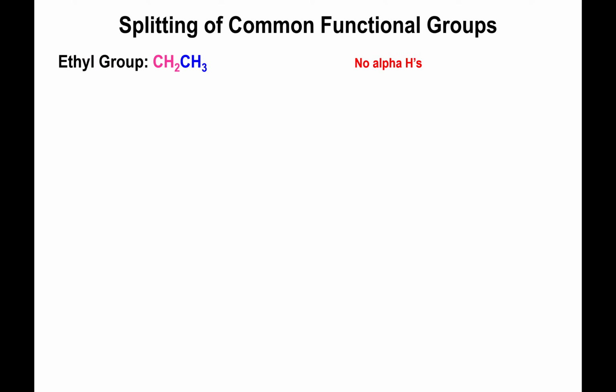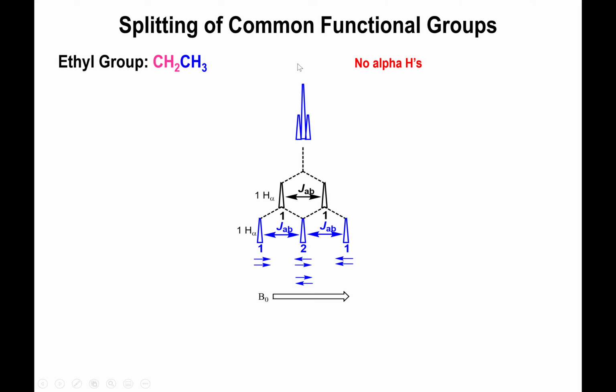Now the methyl group, as I just mentioned, depending on what's next door, may show up as a singlet, doublet, or triplet. But let's see what happens when we start bringing in more complex groups, like the ethyl group. The ethyl group is a typical substituent you could have attached to your parent molecule. So what's the deal with the ethyl group? Well, on the one hand, you have a CH3 group that is next to a carbon with 2 H's, so the CH3 is going to be split into a triplet.